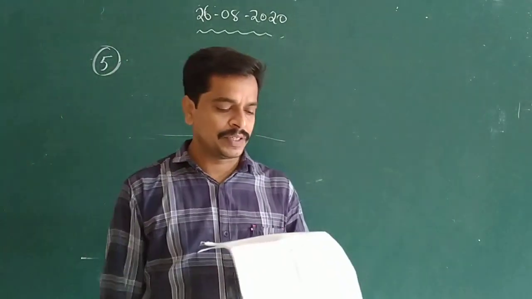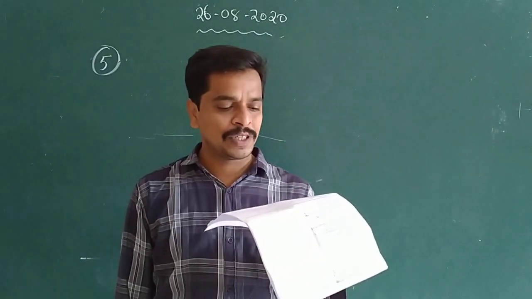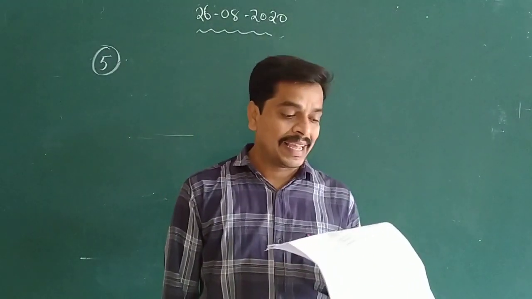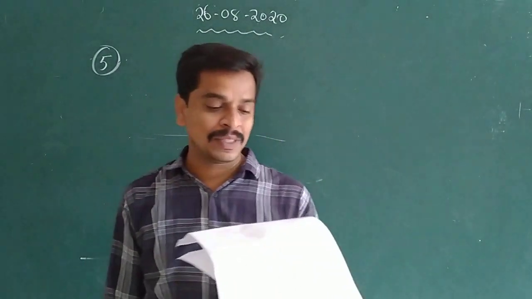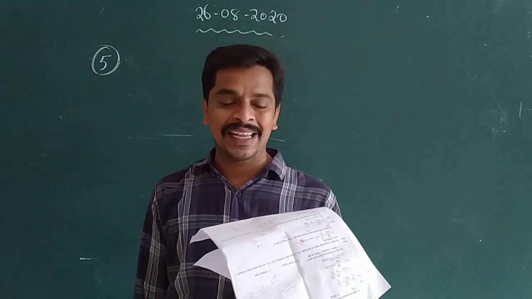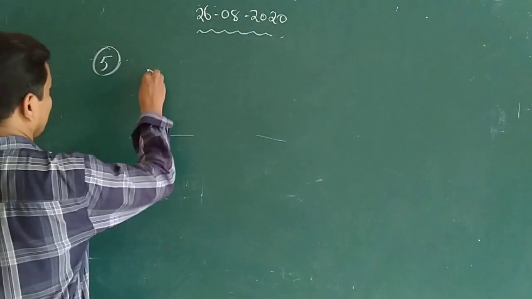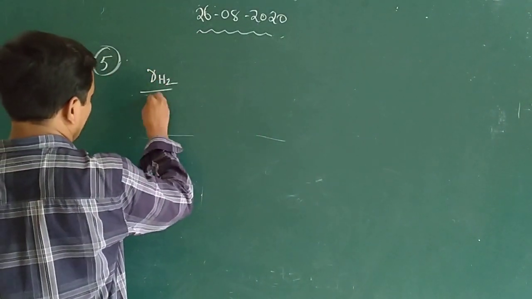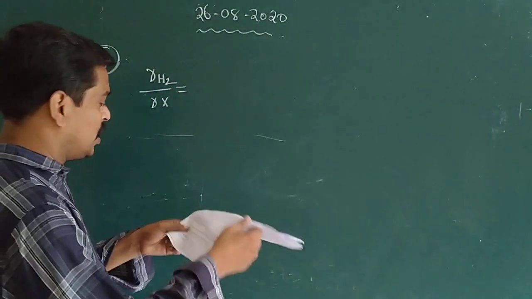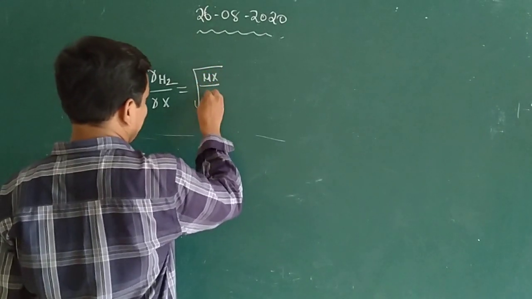Question number 5, students. A gas diffuses 1 by 5 times as fast as hydrogen. Its molecular mass, students. A gas diffuses 1 by 5 times as fast as hydrogen means, comparing with that gas, hydrogen diffuses 5 times faster. So R H2 by Rx is equal to, students, listen students, R H2 by Rx is equal to square root of mx by m H2.